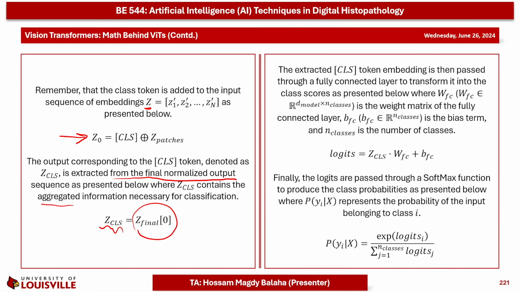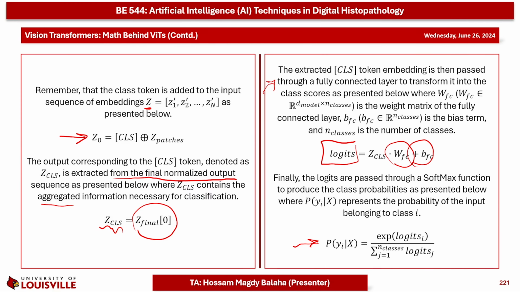After that, this token embedding is passed through a fully connected layer to transform it into the class scores by simply multiplying it by a weight plus bias, and both of them are trainable. By doing that, we get the logits.